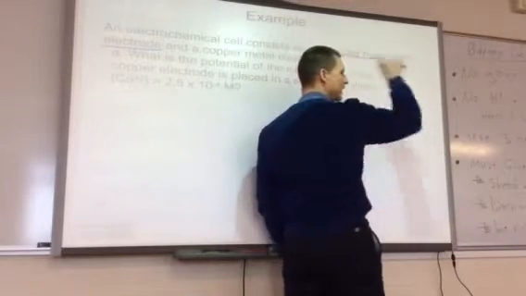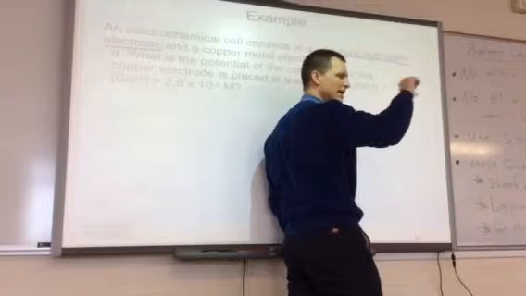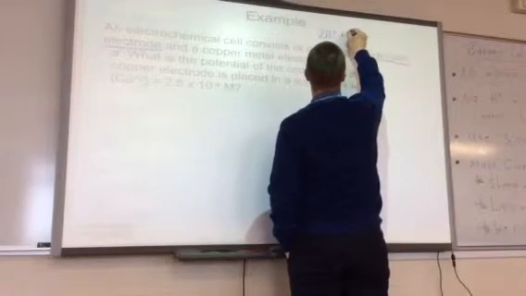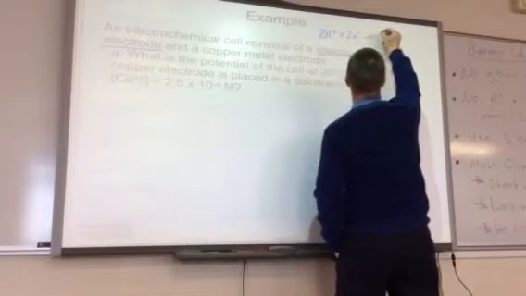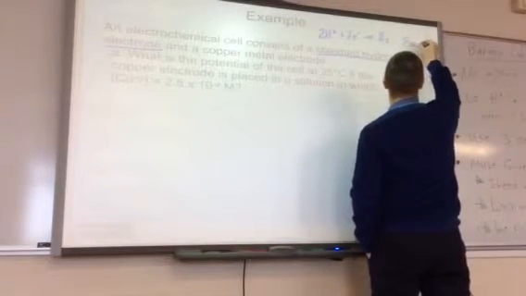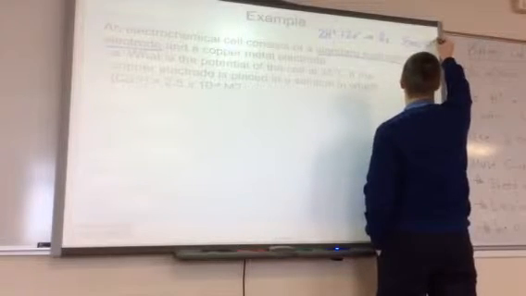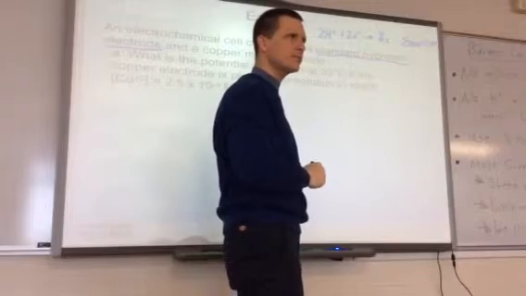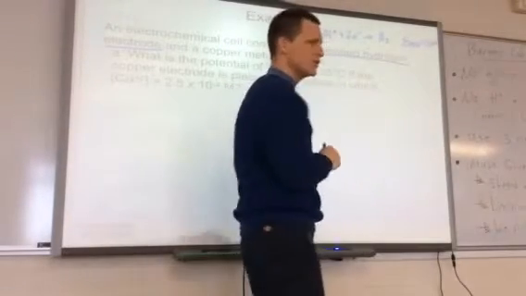Again, this is found about a third of the way down in the right column of the table. 2 hydrogen ions gaining electrons, making H2. And the reduction potential is 0. That's what they mean by a standard hydrogen.